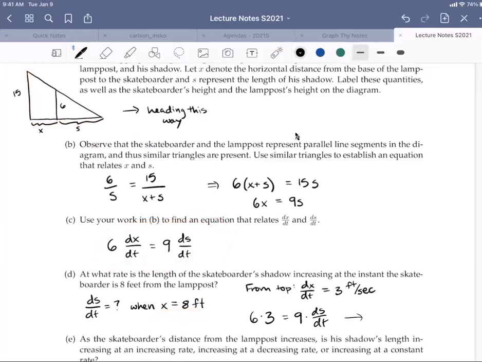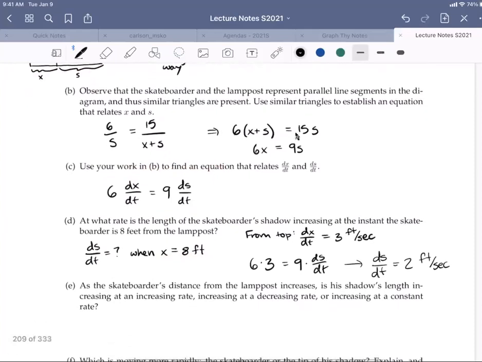That's special to this problem. Sometimes you need it, sometimes you don't. So ds/dt ends up being 6 times 3, which is 18, over 9, so 2 feet per second. Again, it's feet per second because the length of the shadow is measured in feet, and it's changing with respect to time.